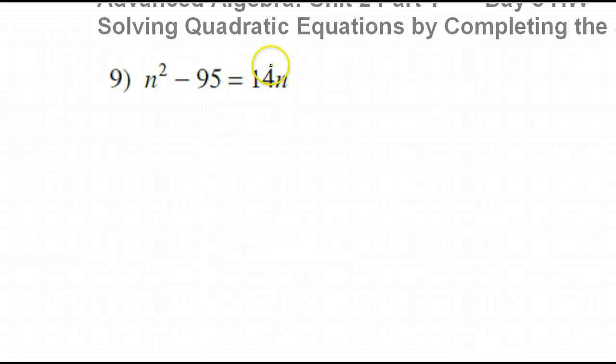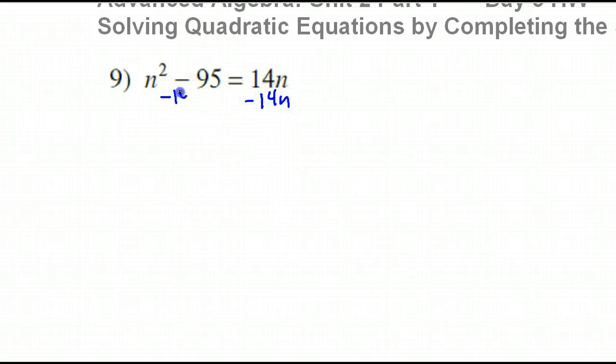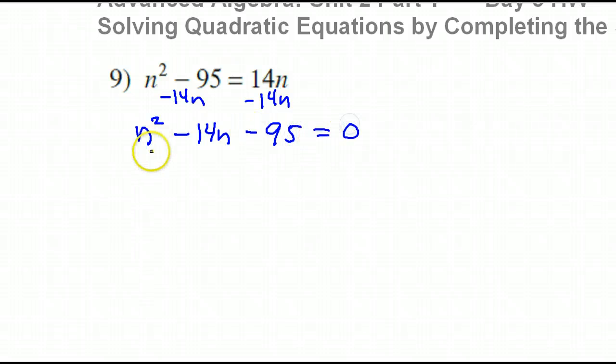Okay, now let's write this in standard form. Honestly, this 14n is going to have to get back over here, and this 95 is going to have to come over there. So to make that happen, we are subtracting 14n from both sides. I'll go ahead and do it in 2 steps. That would give me n squared minus 14n minus 95 is equal to 0.